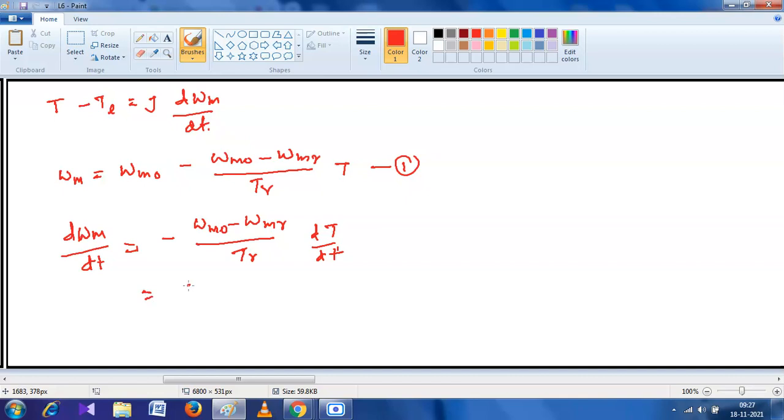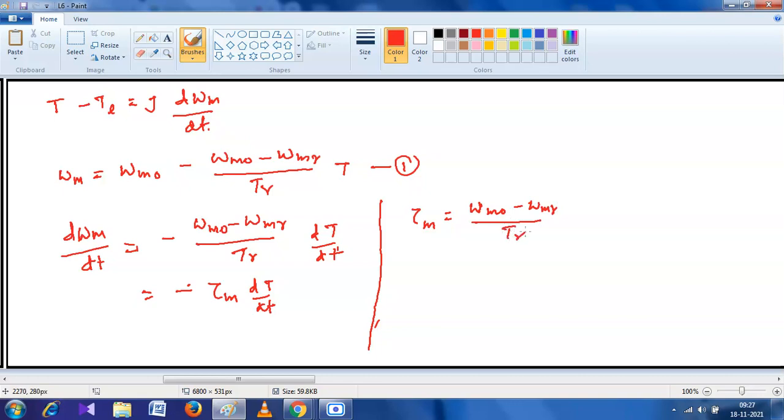Suppose this is tau m. What is the value of tau m? It is omega m0 minus omega mr upon tr.